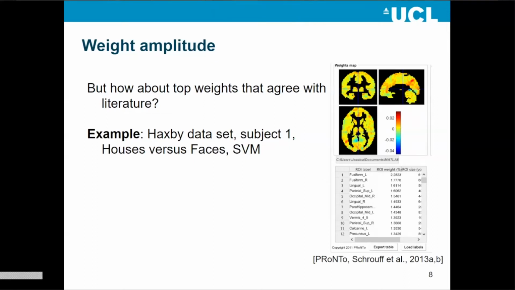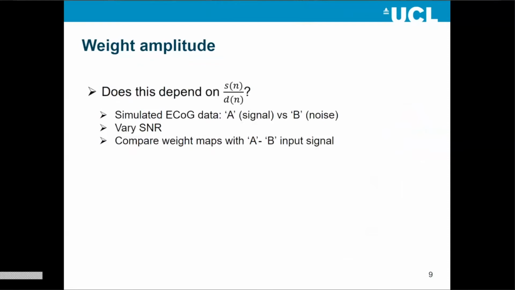For this, we did a small experiment where we varied the signal-to-noise ratio and the sparsity in some simulated data. In this case, it was not neuroimaging, it was intracranial EEG, just because it's easier to see and more manageable in terms of dimensions.